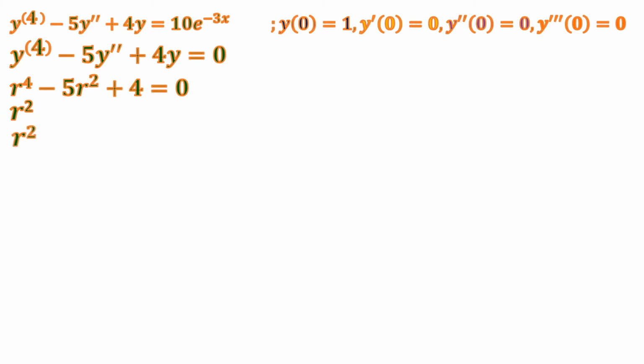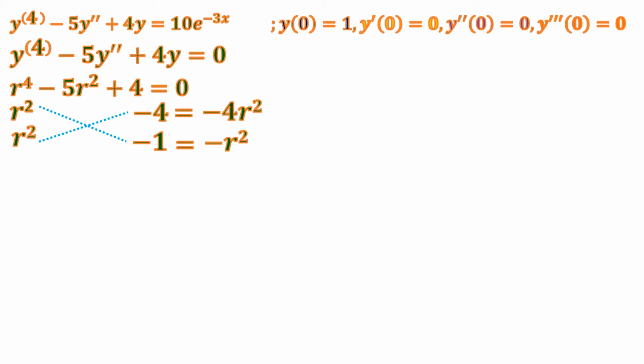So let's factor: r squared and r squared, and negative 4 and negative 1, that's positive 4. So to check if it's the correct pairing, let's cross multiply, and this will be negative 4r squared and negative r squared. So combining these two will be negative 5r squared, which is the middle term, and that is correct.